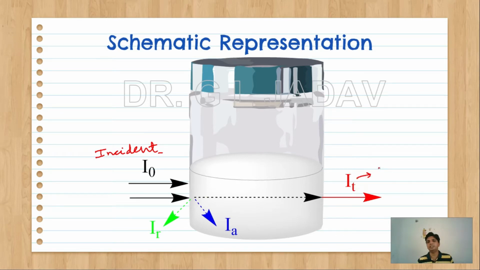This is the transmitted light, while the blue one is the absorbed light and IR is the reflected. So according to the law, incident light is equal to IR, that is reflected, plus IA, that which is absorbed, and IT, that is the radiation which has been transmitted.